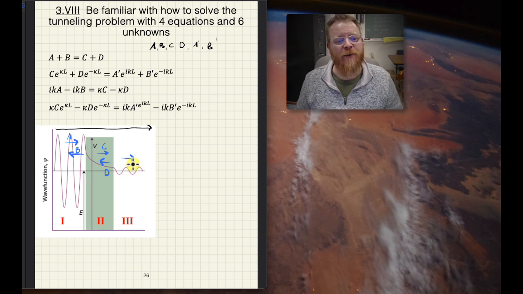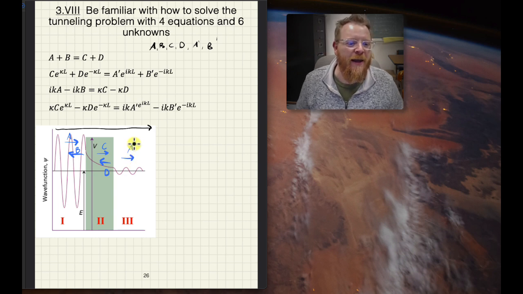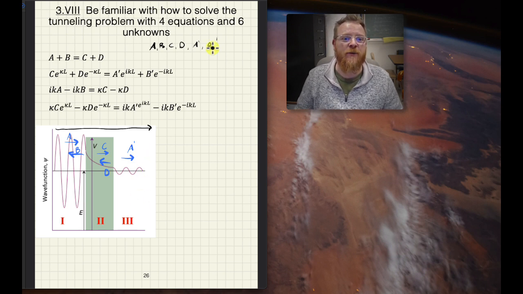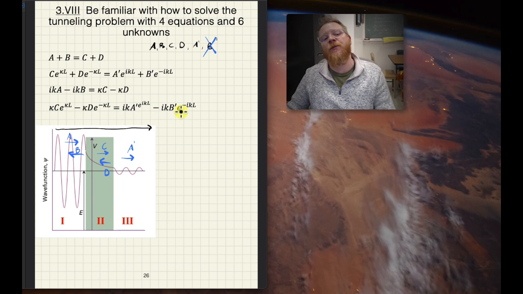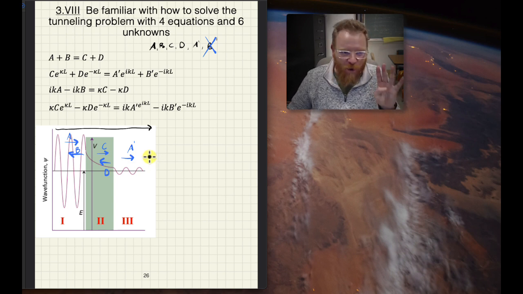And then finally, in region 3, our right moving particles are A prime, and because we haven't put a barrier for the particles to reflect off of, we can throw out that B prime term for this particular problem. So now we're down to 5 unknowns with 4 equations.